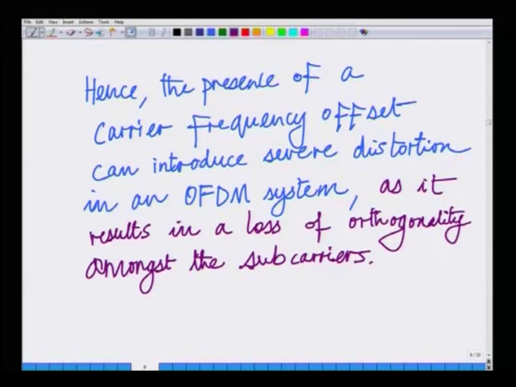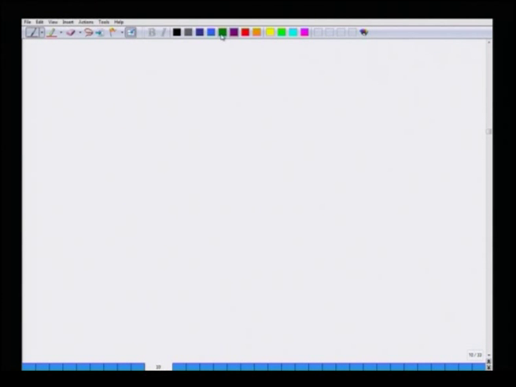Let us look at this pictorially. If you draw a picture of this, the subcarriers in an OFDM system look as sync pulses in the frequency domain.